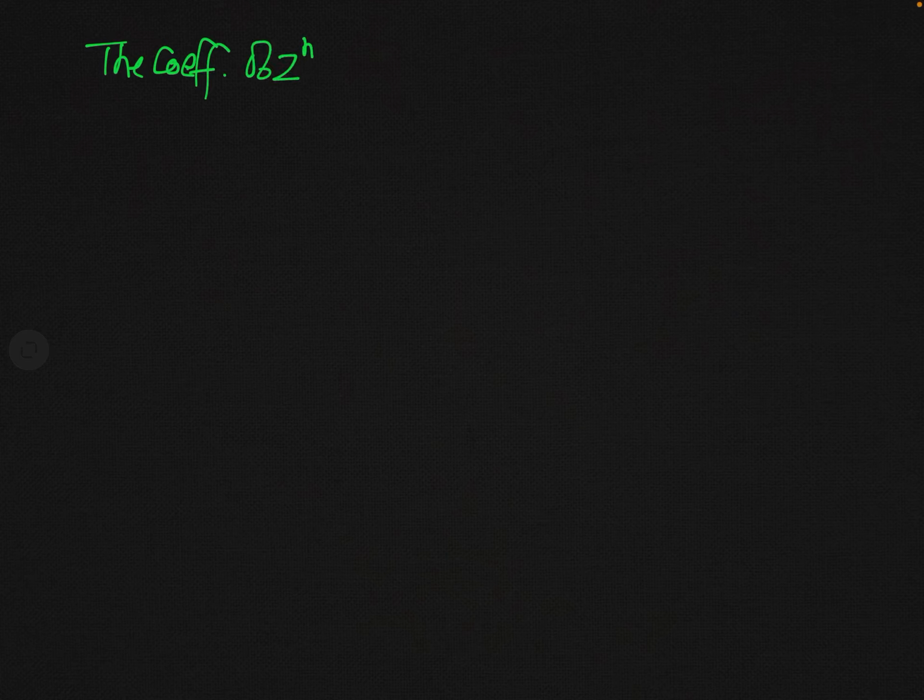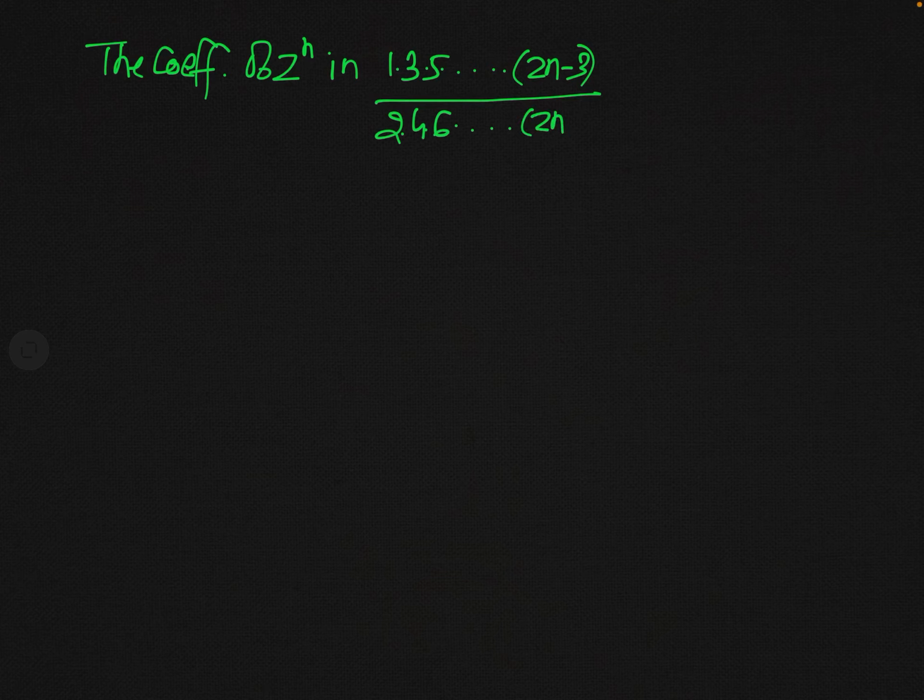So you can see the coefficient of z to the power n in the term 1 into 3 into 5 into so on into 2n minus 3, divided by 2 into 4 into 6 into so on into 2n minus 2, into z to the power n minus 1, into 2x minus z to the power n minus 1.